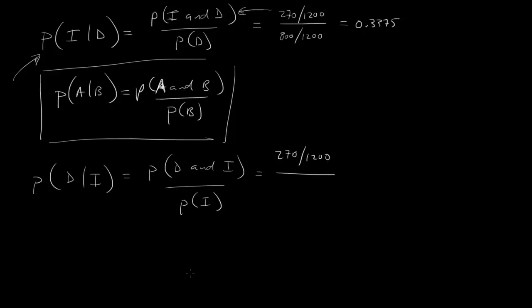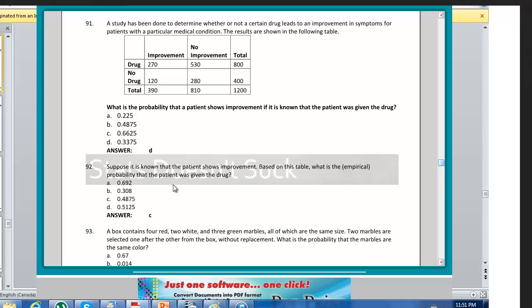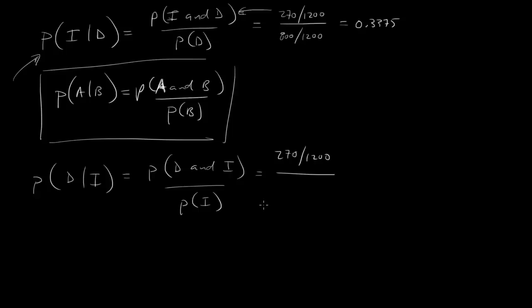Whereas on the bottom, the probability of I is what? I is improvement, so that's a total of 390 people out of the 1200. So when you work this one out, it comes out to be 270 divided by 1200, over 390 divided by 1200.